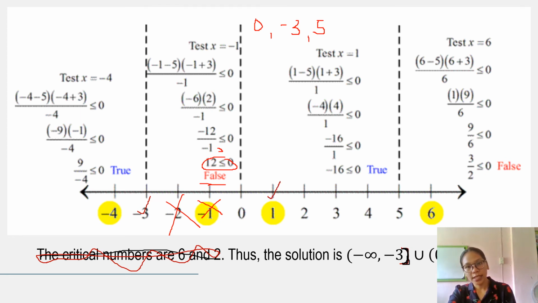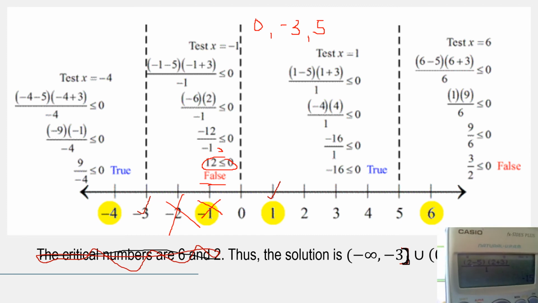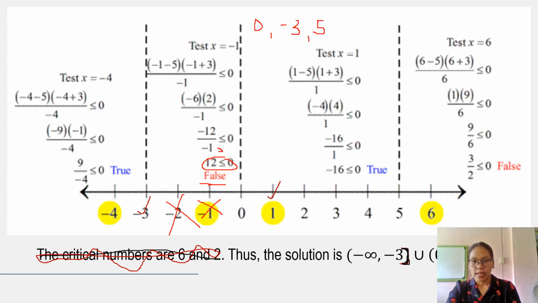If tama yung 1 natin, try natin yung 2. So 2 minus 5 times 2 plus 3 all over 2. That is negative 15. That means tama din yung 2. Since until 5 yung solution natin, check natin yan.